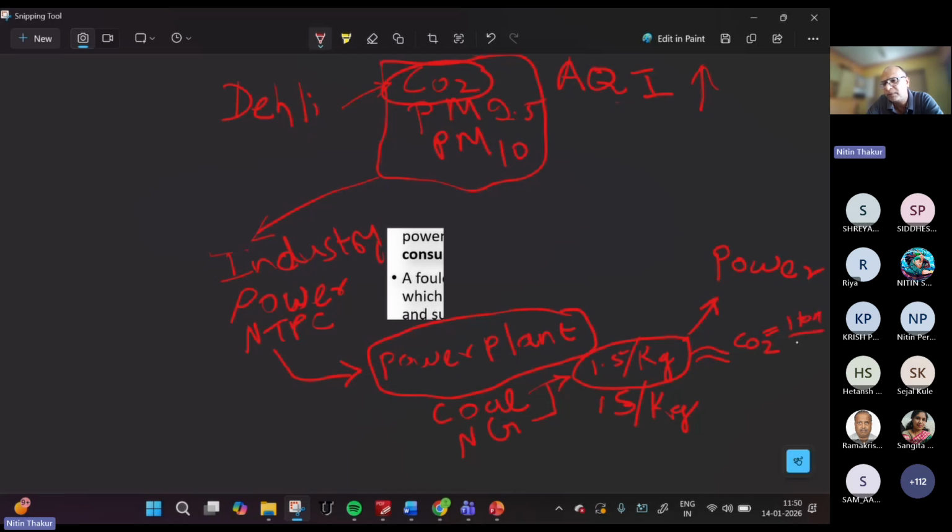I'm just making up a number. If I'm burning natural gas, it will be like 0.3 tons per kilowatt. So CO2 emissions are less when we are burning natural gas, but since it is expensive, we go for coal.